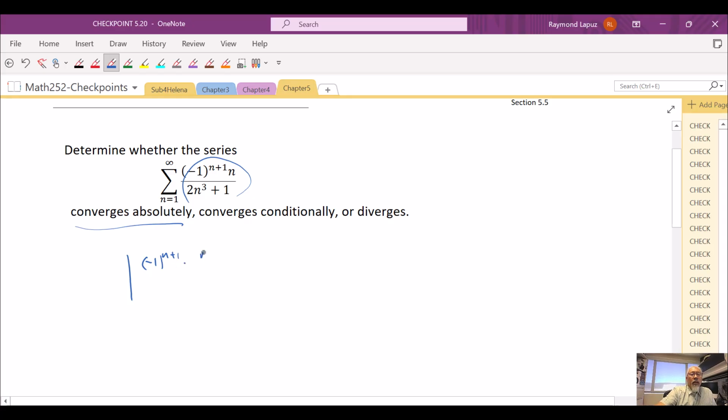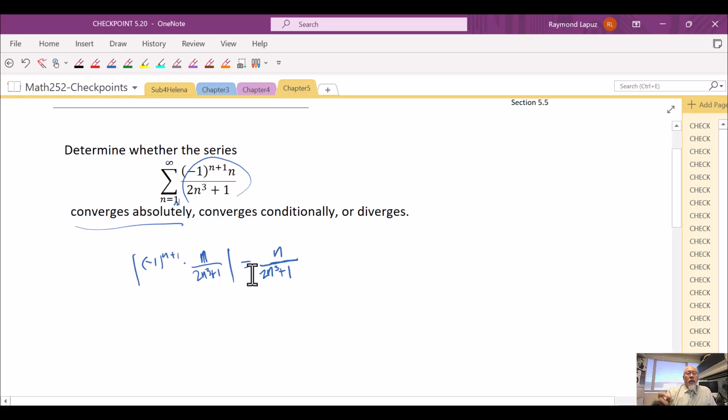The term n over 2n cubed plus 1 will always be positive because we're putting in positive numbers for n, so the absolute value of that is just that term. We don't need the absolute value anymore because for all the n values from 1 to infinity, this expression will always be positive.